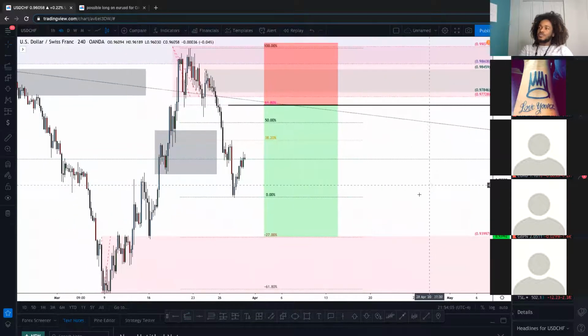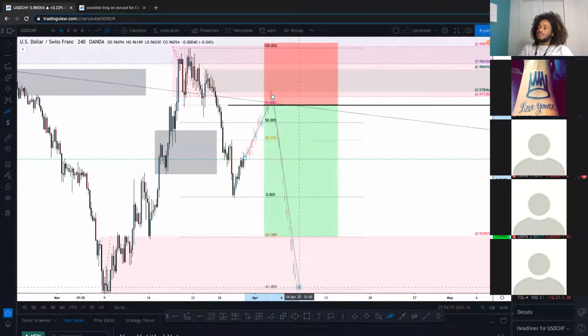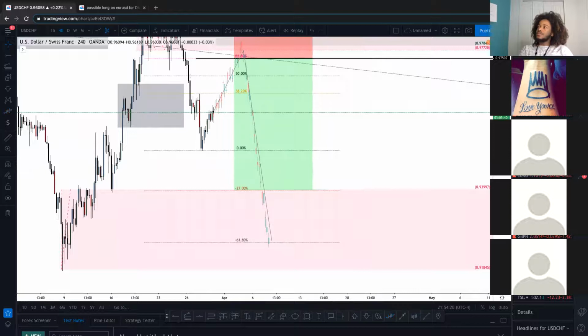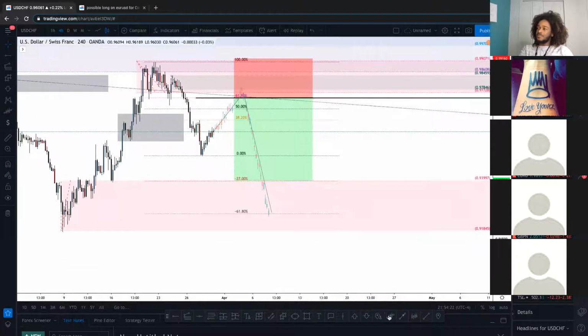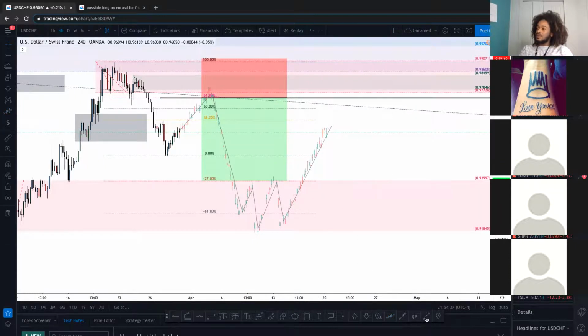So we would look for something like this, right? We would look for price to come up, enter, and go short, right? If we got that confirmation, it would look something like this. We have boom, boom, right? Boom, boom, boom. So you would have that trend line break, right?